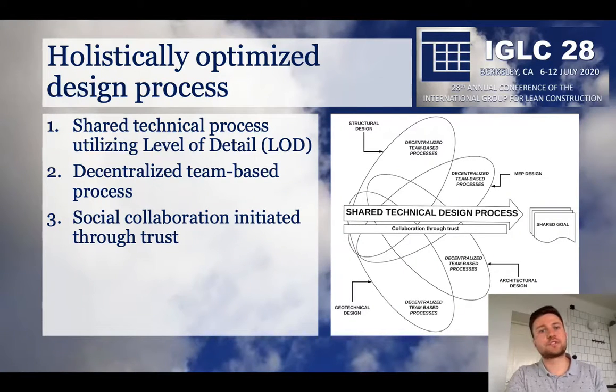So, based on these results, we came up with a conceptual model for a holistically optimized design process. There are three main elements in the process that aim to reduce the waste and improve the flow of the project. First, we have the technical process utilizing so-called level of detail, which means that we have a commonly aligned design process that follows the same principles for every design discipline.